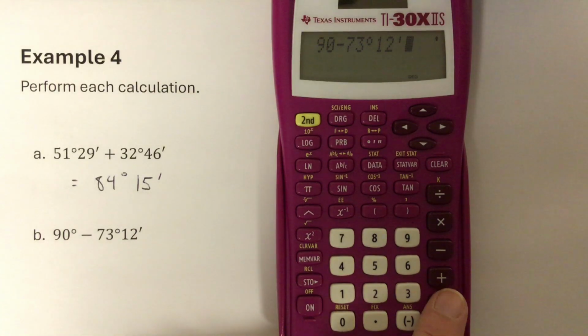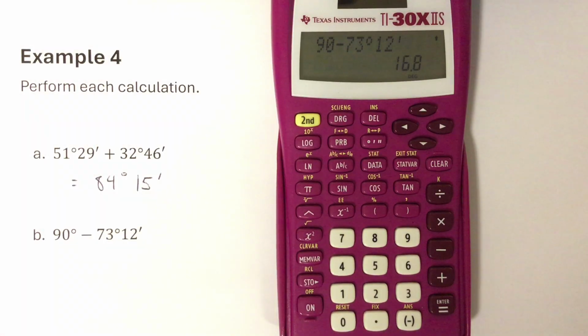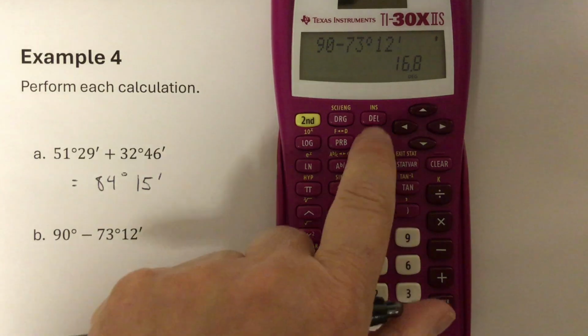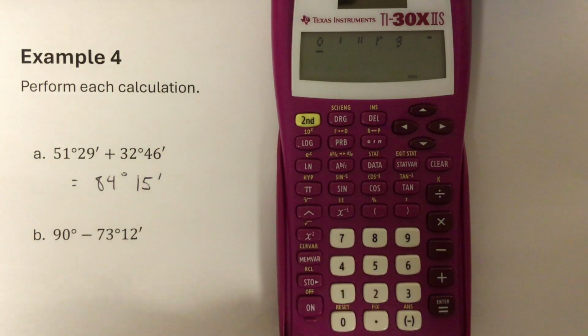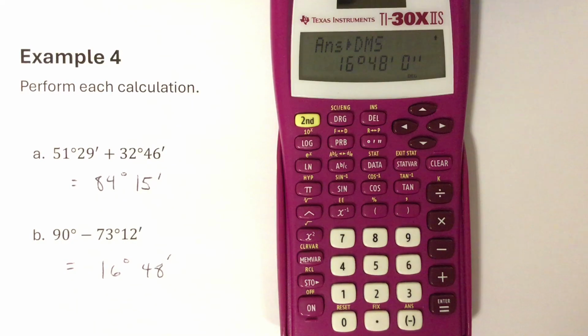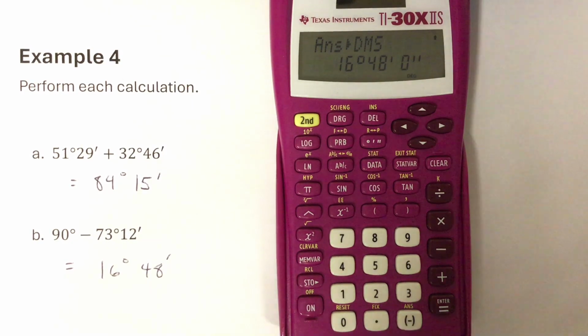And of course, when I hit enter, we get our answer back in decimal degrees, and so we'll convert to DMS form by using the degrees, minutes, seconds button, left arrow to get to the second screen of the menu, then hit enter to get the command, enter to run the command, and we get the same answer that we got when we did it by hand, which is 16 degrees and 48 minutes.